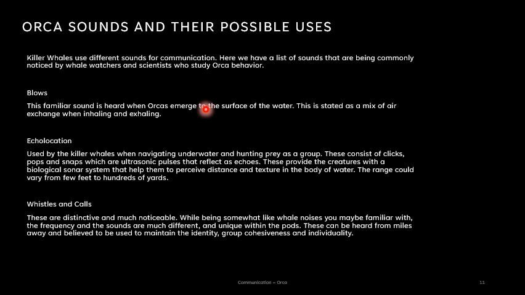They seem to mainly use the clicks and puffs we talked about before for their echolocation. It works as a sonar system when they're underwater. Whistles and calls seem to be more for communicating amongst the group or the pod.